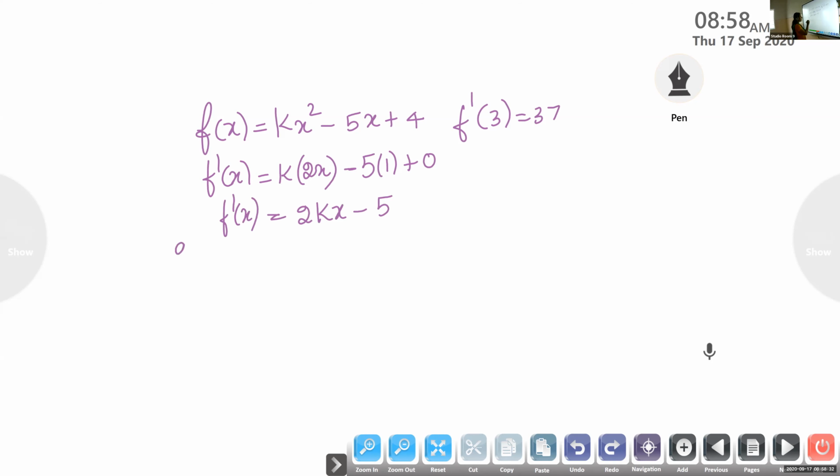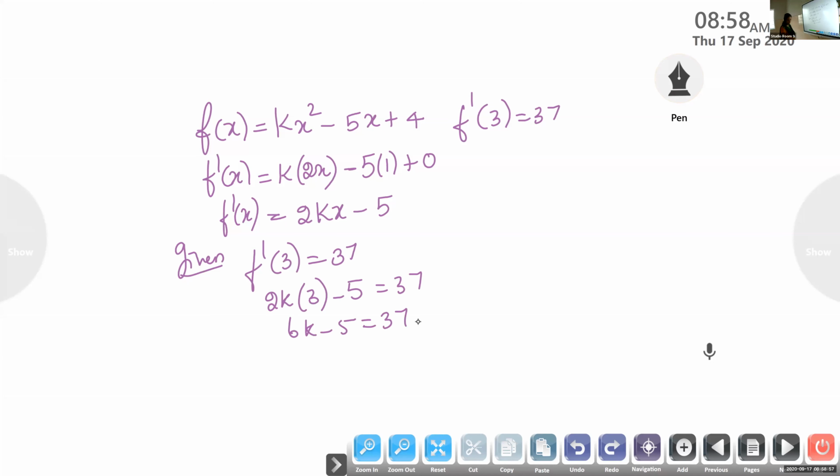Now what is given here? F dash of 3 is 37. So in the place of x, you put 3. So 2k into 3 minus 5 is 37. So 6k minus 5 is 37. Find out and give the value of k.